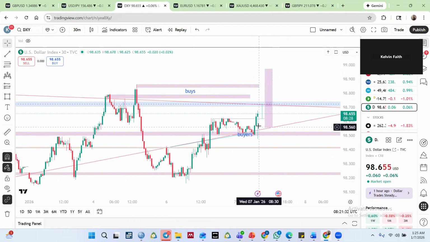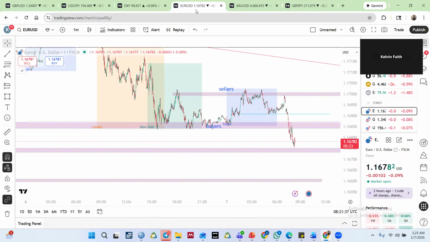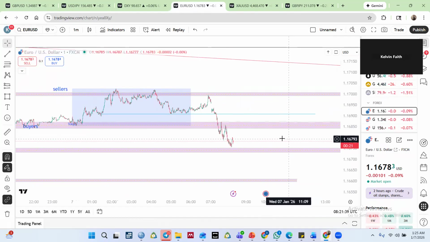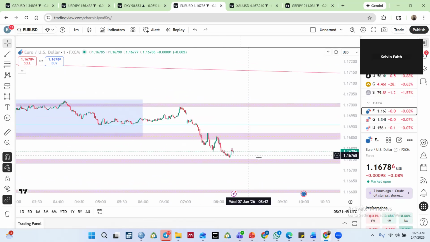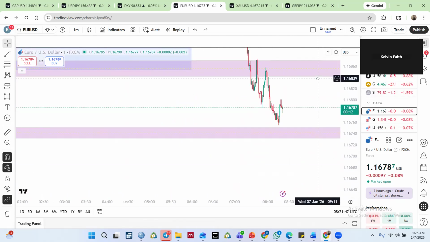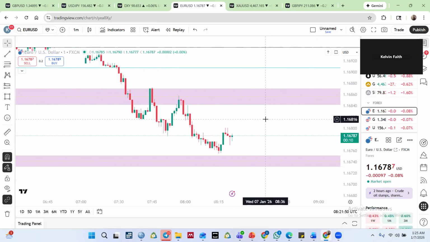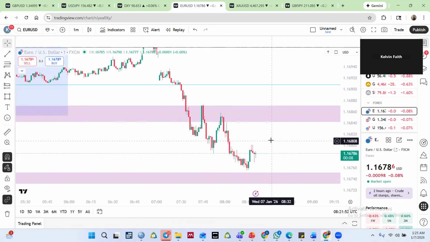DXY is still looking bullish, but it's kind of struggling. Euro USD is still looking bearish.